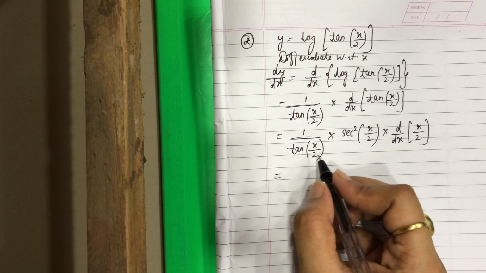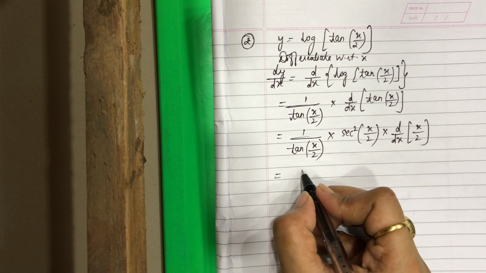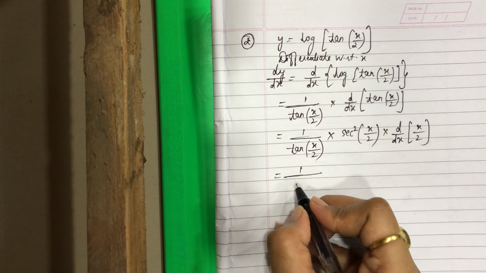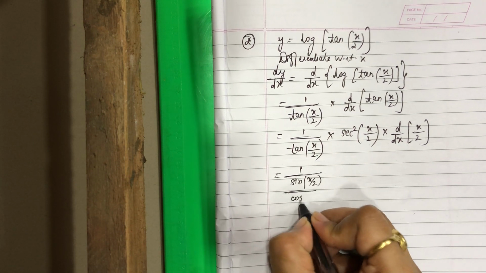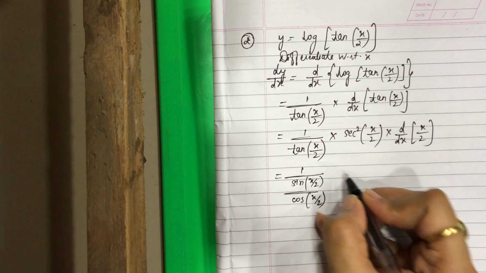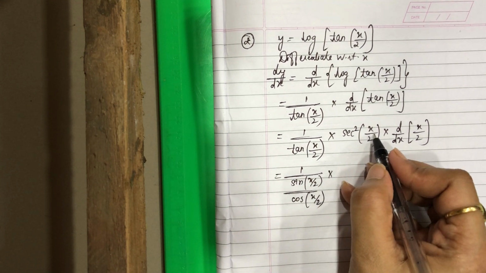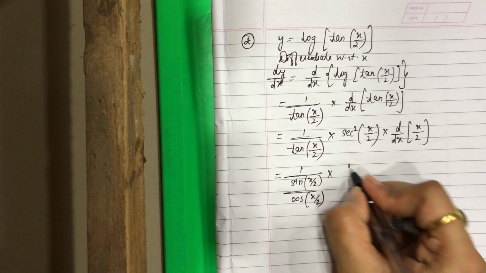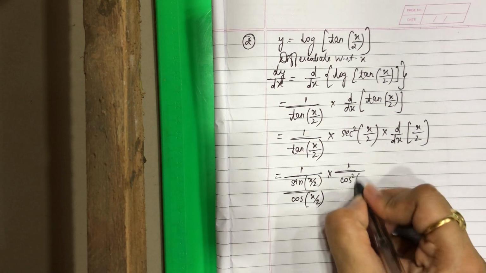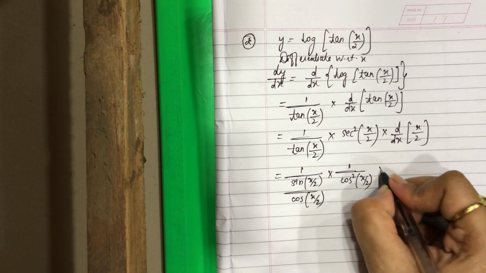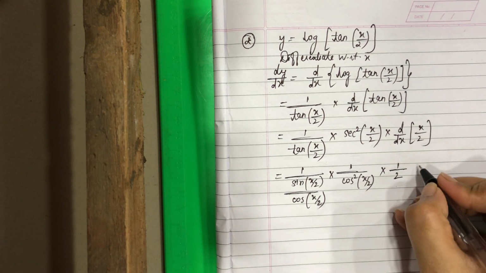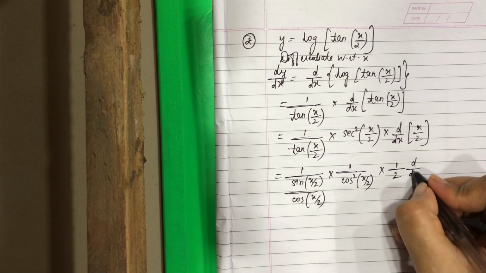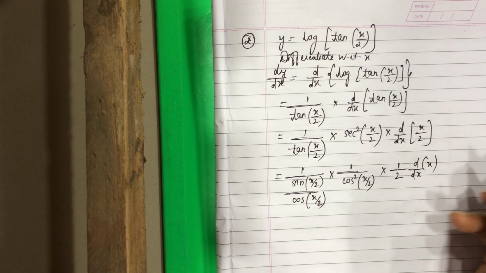So we can write down this tan and sec in terms of sine and cos. 1 upon tan can be written as sine x by 2 upon cos x by 2 into sec square x by 2, which can be written as 1 upon cos square x by 2, into 1 by 2, which is the coefficient. Take the coefficient outside, d by dx of x.